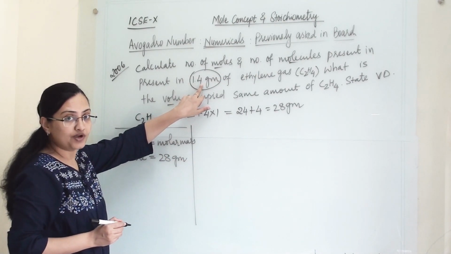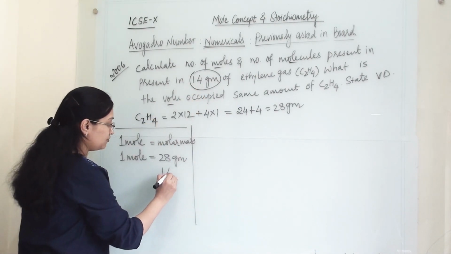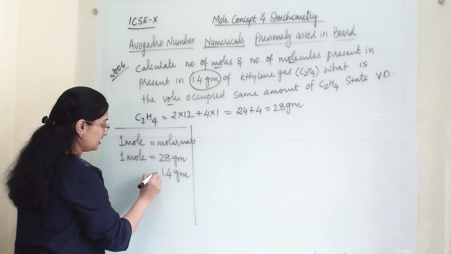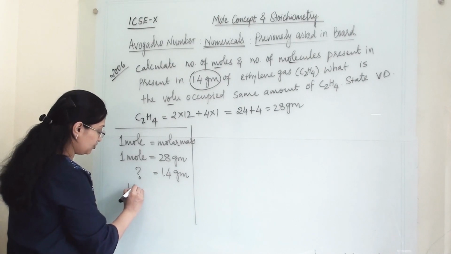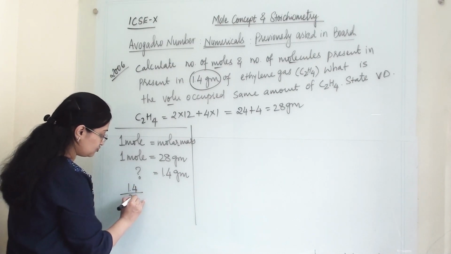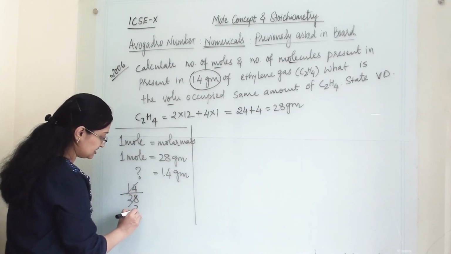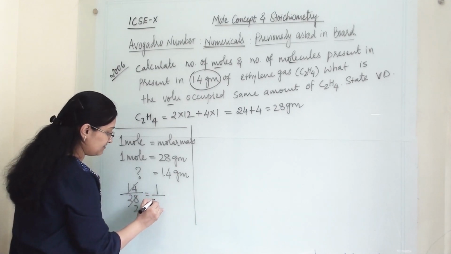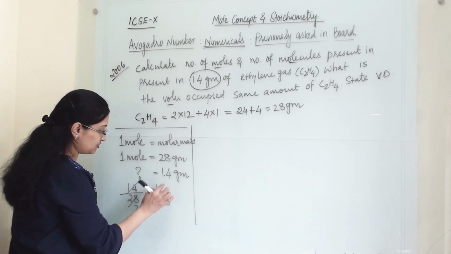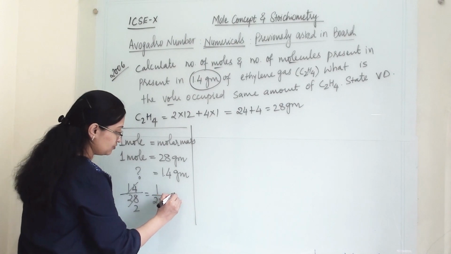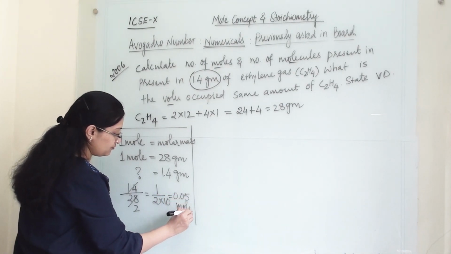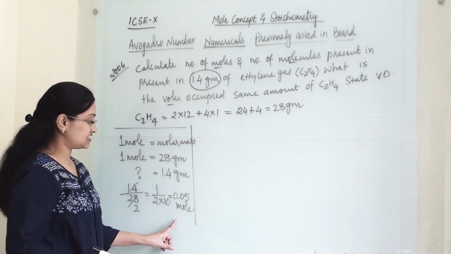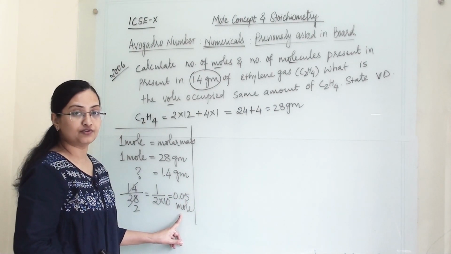We have 1.4 gram. So for 1.4 gram, how many moles do we have? So 1.4 divided by 28. So we will get 1 divided by 2 into 10 because it is 1.4. So our answer is 0.05 mole. So our first answer is 0.05 mole.